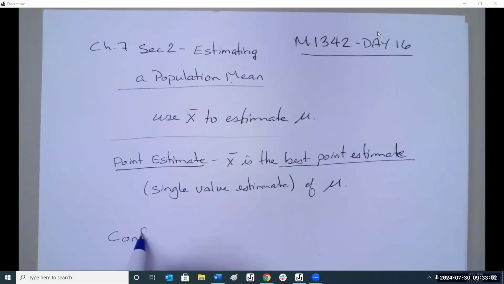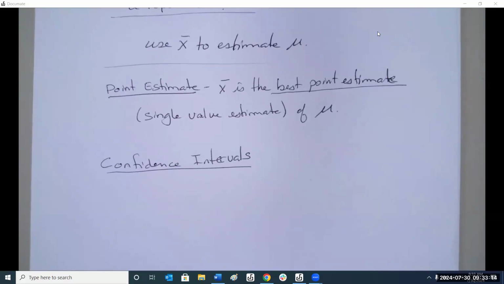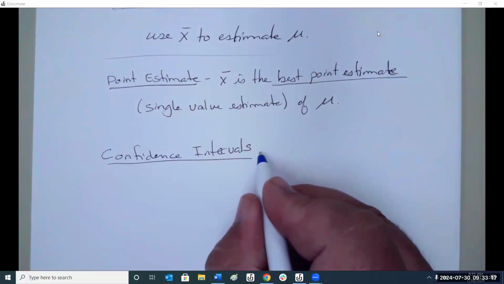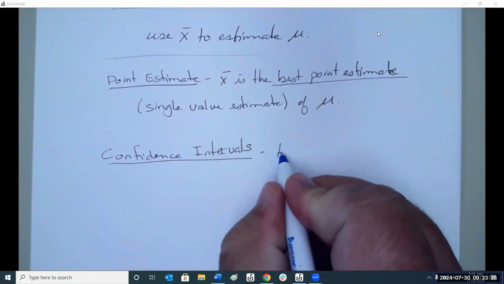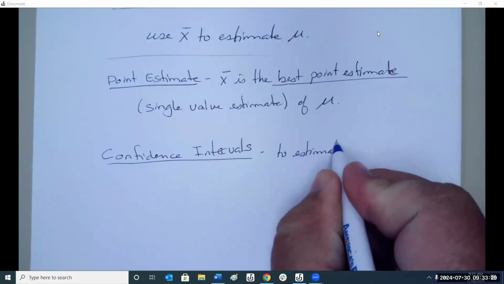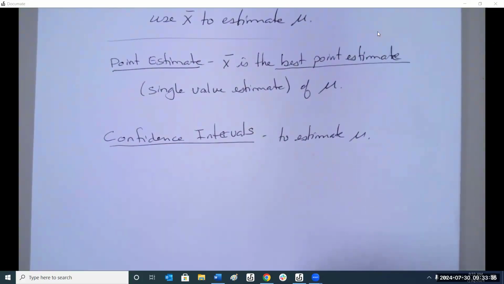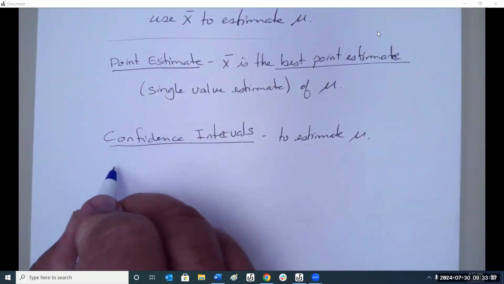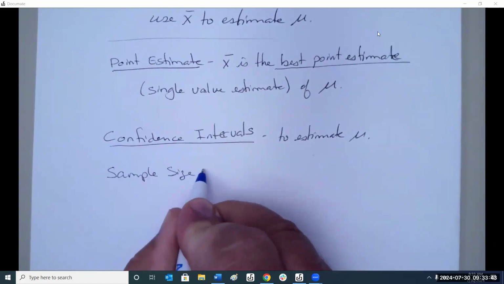Then we're going to look at confidence intervals. We're going to create those, and we're going to use confidence intervals to estimate mu. And in order to know this, we have to know the best sample size for our study.